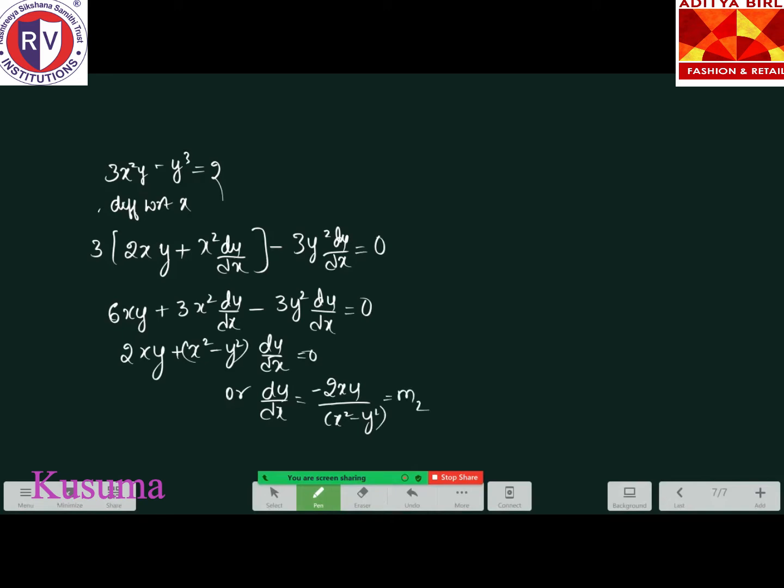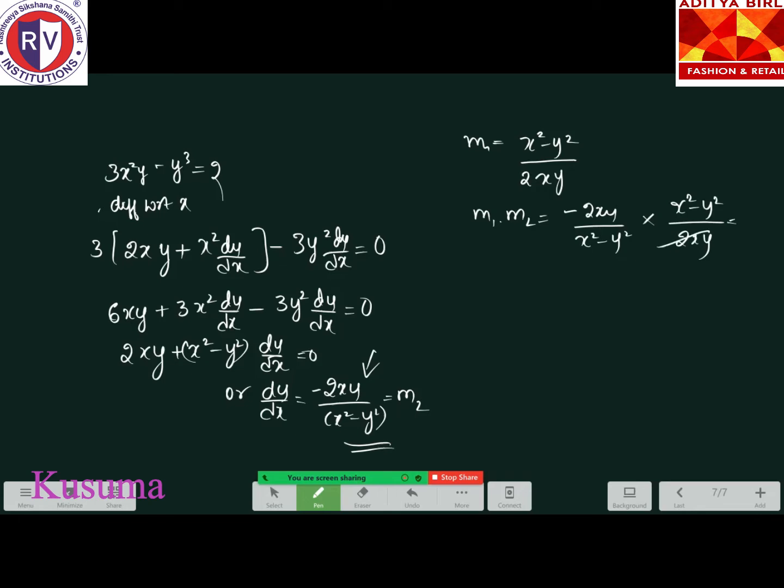Now, what was the M1 we had got? M1 is x square minus y square divided by 2xy. This was our M1 and this is our M2. By looking at this only, we can tell that M1 into M2 will be equal to minus 1, right? If we multiply both of them, M1 into M2 will be minus 2xy divided by x square minus y square into x square minus y square divided by 2xy.